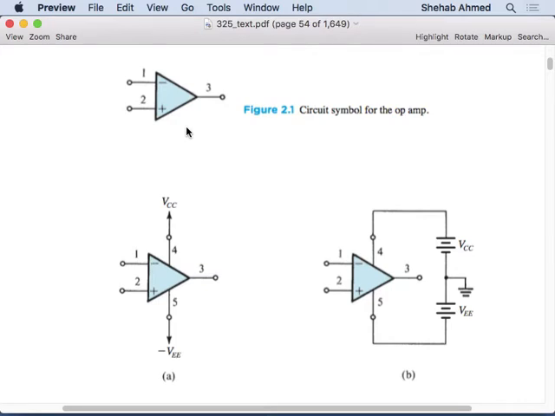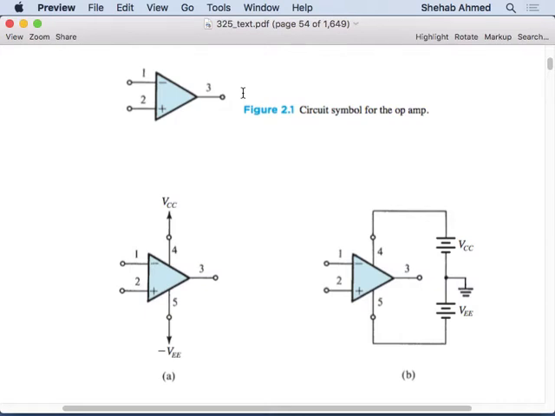You want to sometimes null that offset, because it will eventually be passed through the amplifier. If we looked at our transfer characteristics for the simple op-amp amplifier model that we used last time, anything coming in will go out, maybe amplified as well. So if there's an offset at the input, you want to be able to null that, make it zero, maybe. That's another input that sometimes you will see in a real op-amp chip, and we will talk about that towards the end of the chapter.